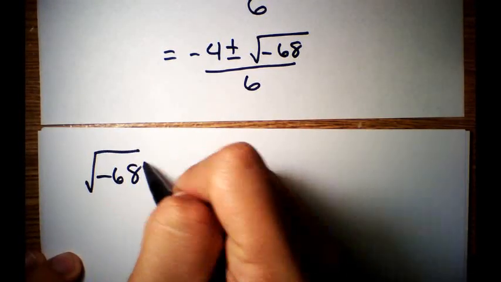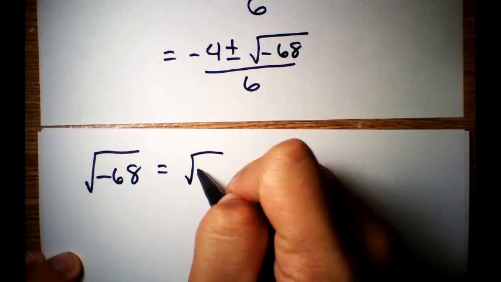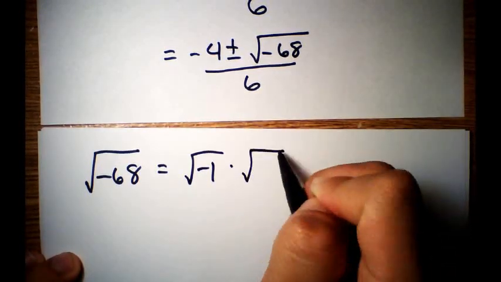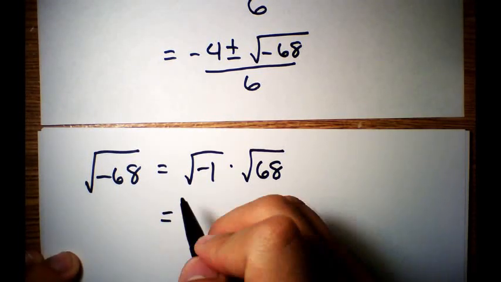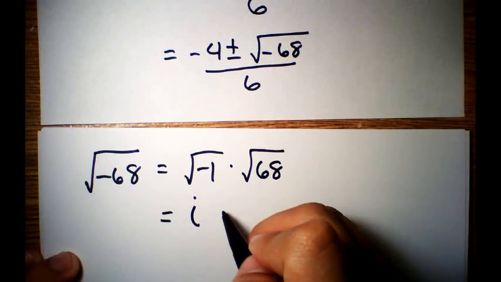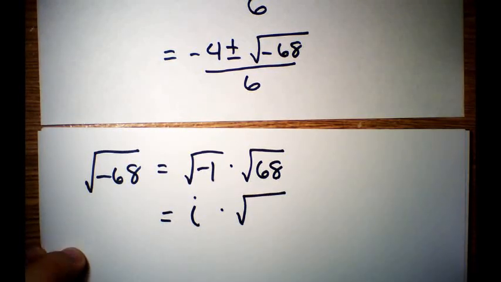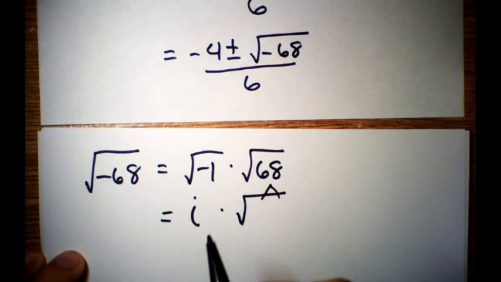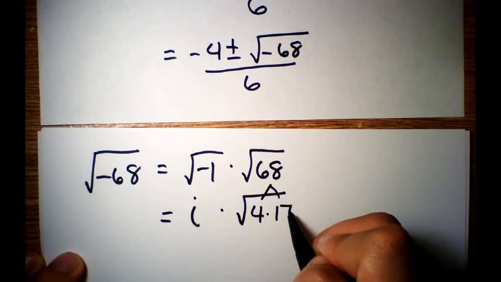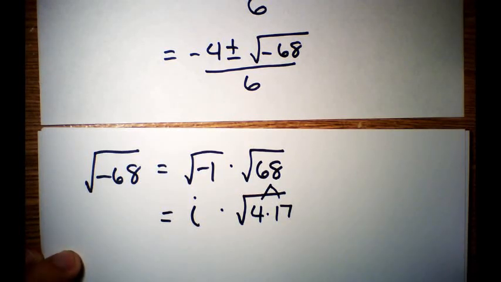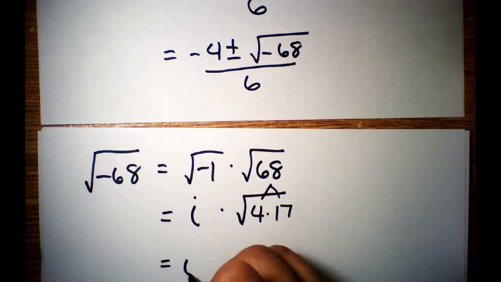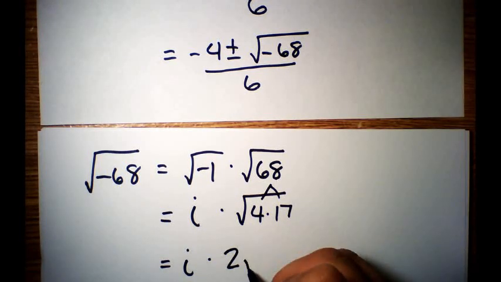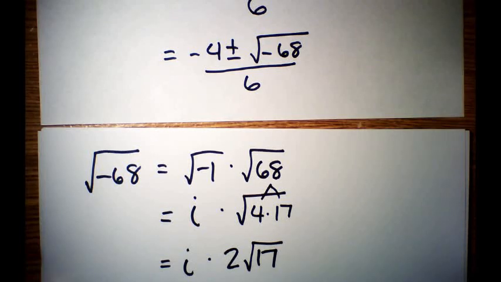Square root of negative 68, that's the same thing as saying the square root of negative 1 times the square root of 68. That square root of negative 1, we're going to transform into an i. If we try to break down 68, it's going to be 4 times 17. What's the square root of 4? Square root of 4 is 2. So we have a pair of 2's, so this is going to be times 2 radical 17.